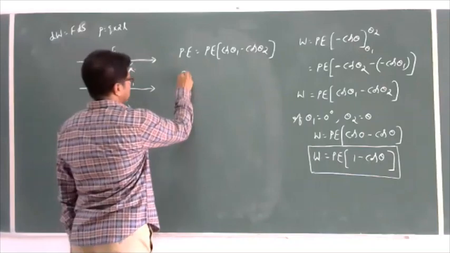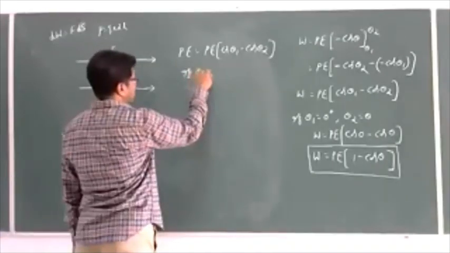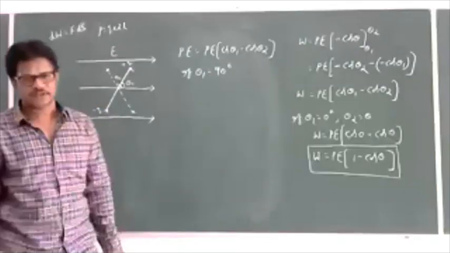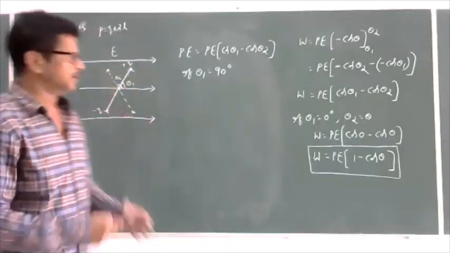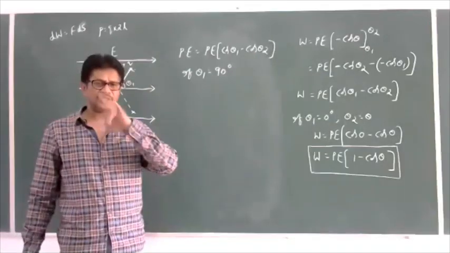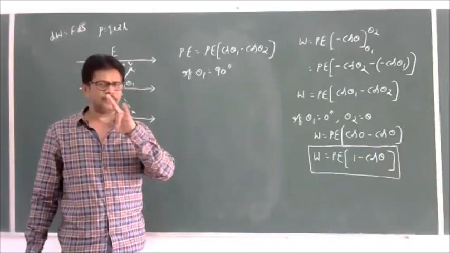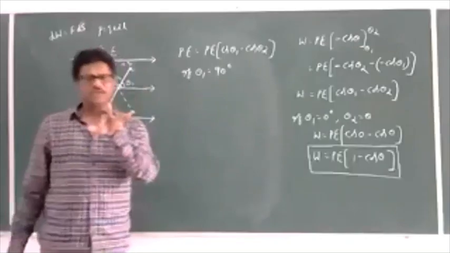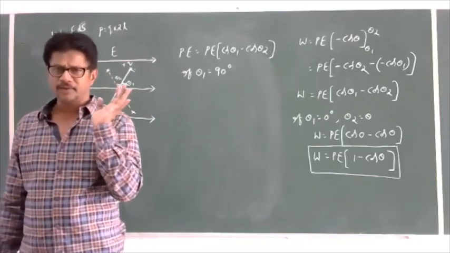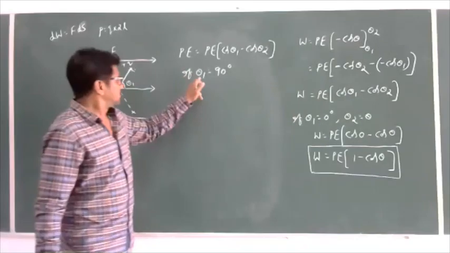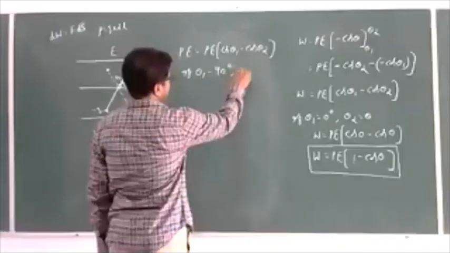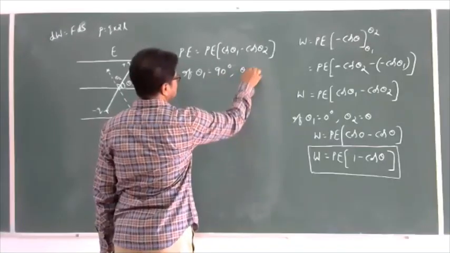Generally, to find out the value of potential energy, we will always take theta 1 is equal to 90 degrees. Why? Because in case of the potential energy, the change in potential energy will have the significant meaning. That's why theta 1 is equal to 90 degrees and theta 2 is equal to theta.